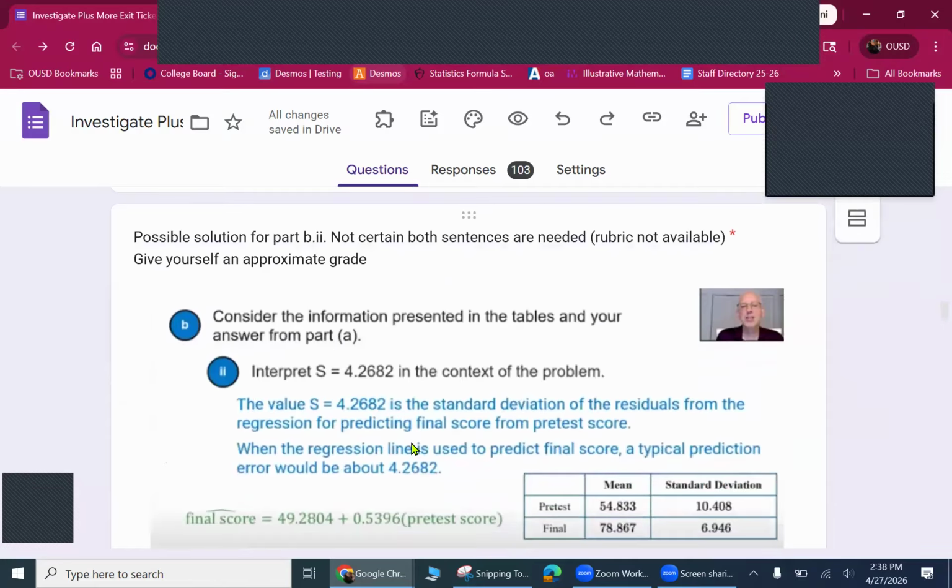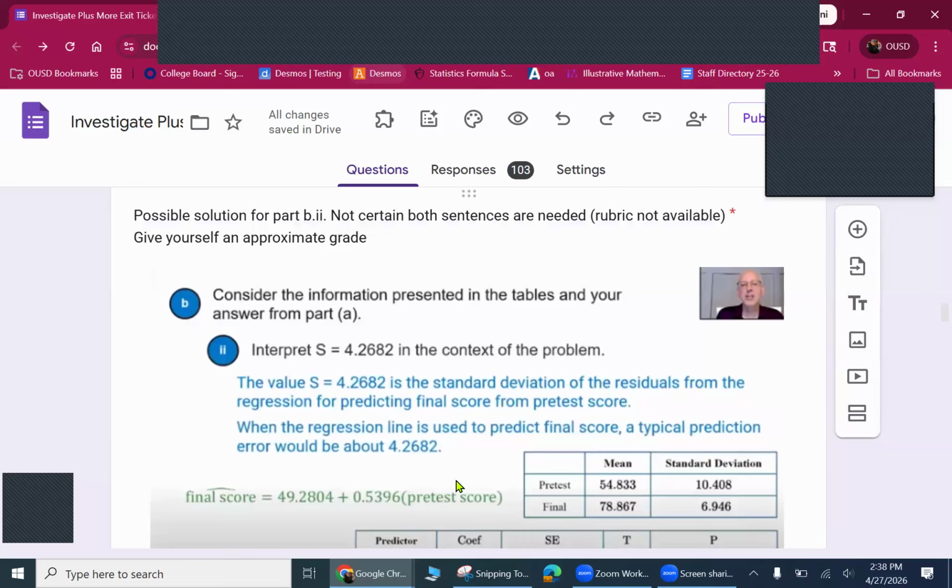What they said was the value of S, 4.2, is the standard deviation of the residuals from the regression for predicting the final score from the pretest. When the regression line is used to predict final score, a typical prediction error would be 4.2. Those are two possible answers. You don't need both of them.